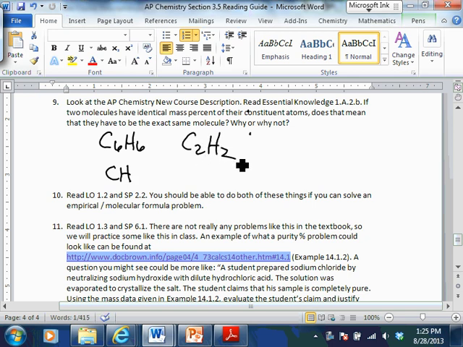Okay, C6H6 and C2H2. Those are both actual molecules that exist, okay? Their empirical formulas are both CH, right? So they have the same empirical formula, but they're not the same. Does that make sense? So these would have the same percentages, right? But they're not going to be the actual same molecule, okay?